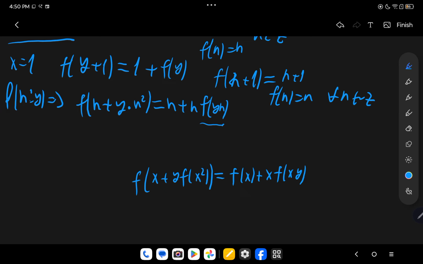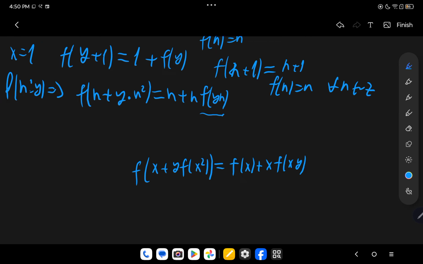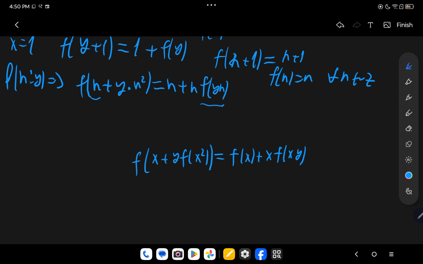But also we can bring this out, so we get f(y) times n squared is equal to n times f(yn), because these two are the same.